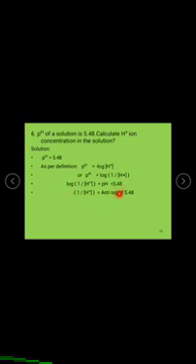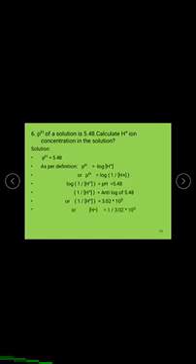When we apply the anti-logarithm on both sides, we get 1 by H plus ion concentration equal to the anti-logarithm of 5.48, that is 3.02 into 10 to the power of 5. It is the anti-logarithm value of 5.48.